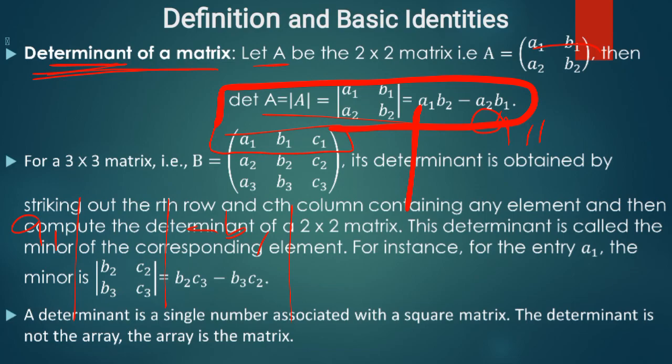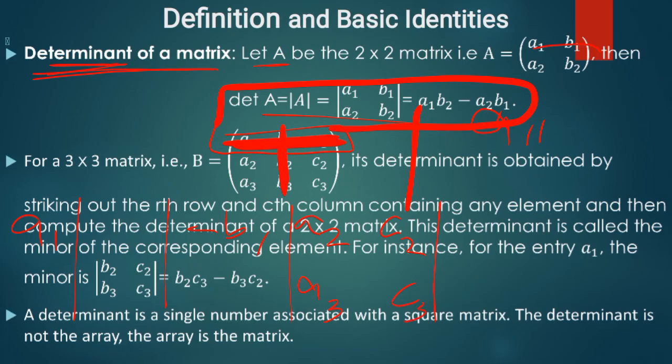At B1, everything along B1, I just cover it. You don't see anything there. So what are you left with? You're left with A2, C2, A3, and C3.